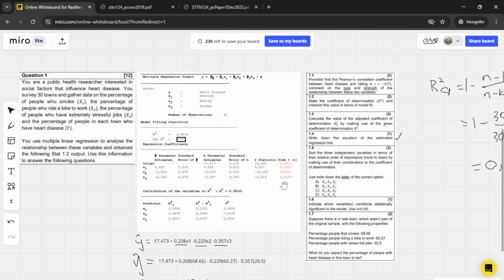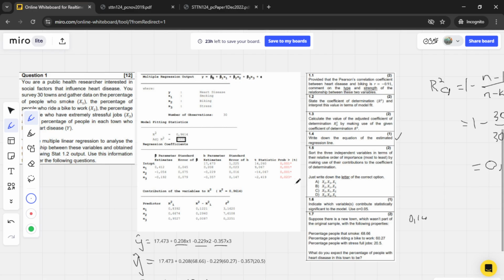Let's say for example x2 was 0.14, let me just write it down. Let's say x2 was 0.14. 0.14 is more than 0.05. So if that was the case, then we're going to say x2 does not contribute statistically significantly to the model.